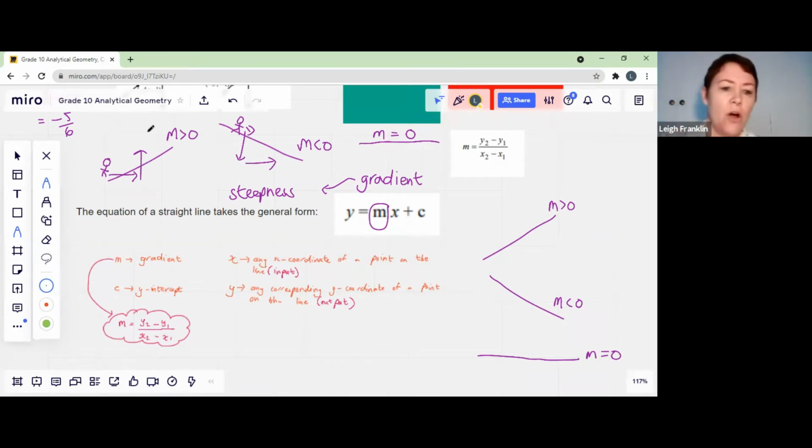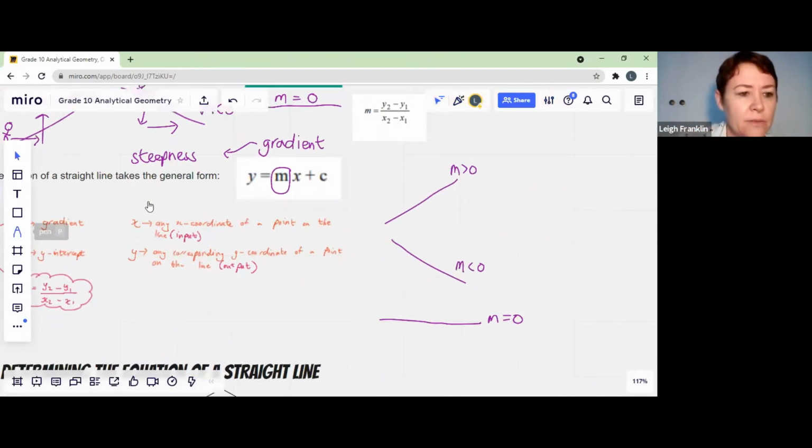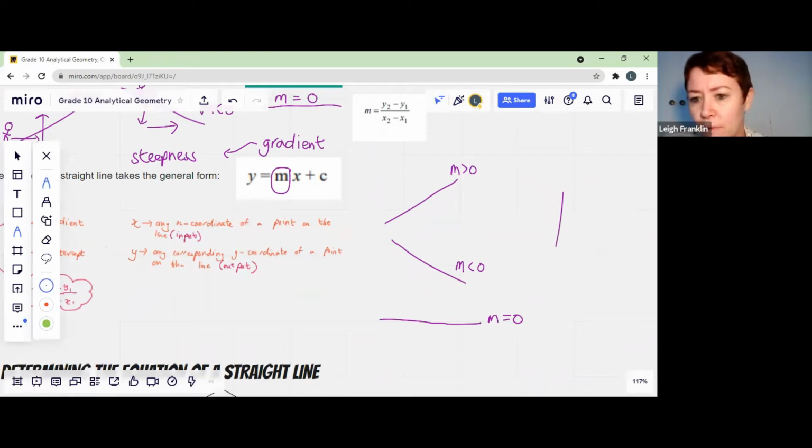And lines that are vertical, let me just move it over to the right-hand side. It's not a perfectly vertical line, I apologize. Here the gradient is undefined.